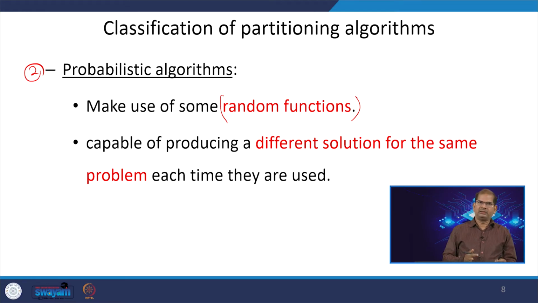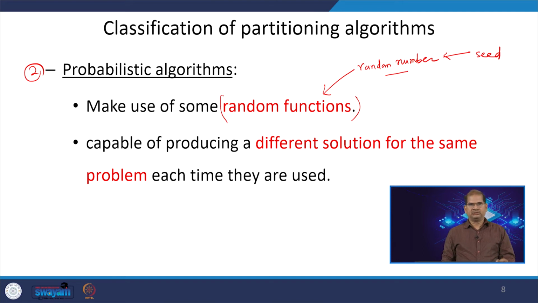The seed will change for each iteration and your output will also change, because when my input seed changes, the output of the random function changes and the solution will also be different. So, here we are using a random function, and a random function uses random numbers. This random number has a seed, that seed will determine the random number value, and the random number will determine the output of a random function.